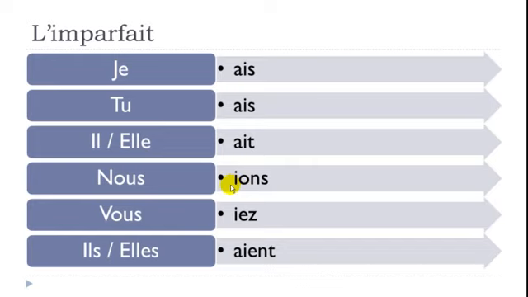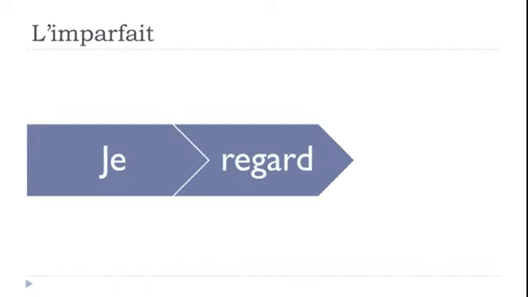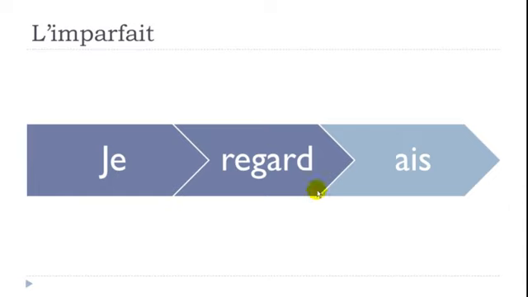So you get yon, yon, that's the full form, okay, yon. And then ye here, okay, so yon, ye, all right, so now je regarde, and that's the full form that you will have, and then you will pronounce it je regardais.